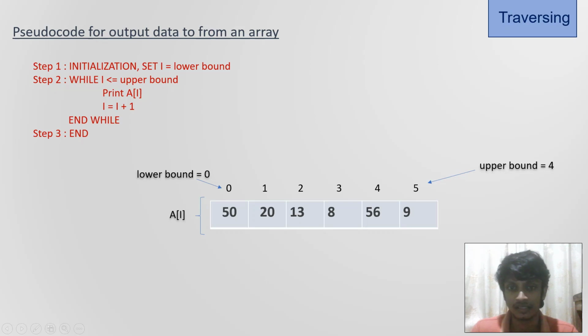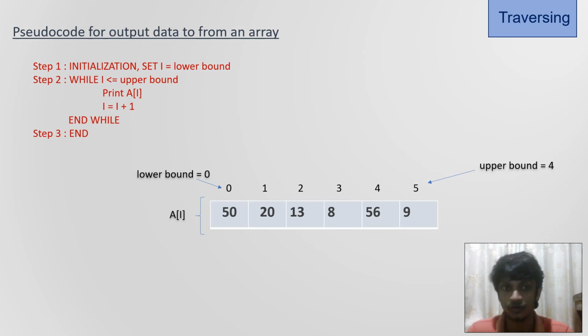So now it's 2. Likewise the same process happens again and again in order to print all the values contained in your corresponding array. And after printing all the values of your array, this statement will be false, because when your I value reaches 6, it's not less than or equal to the upper bound, so it's overflowing.